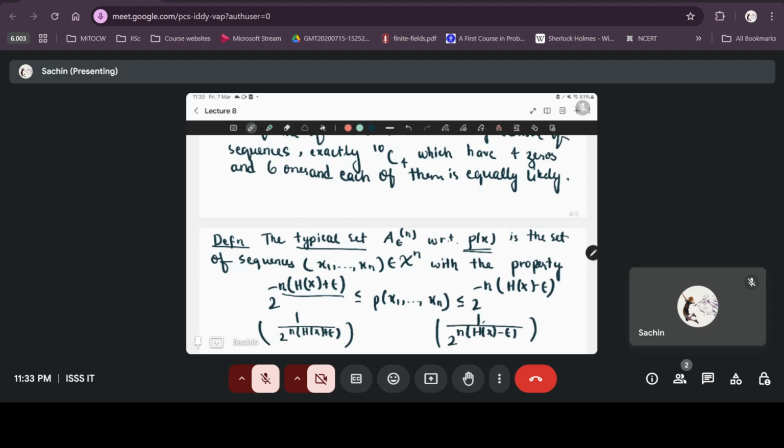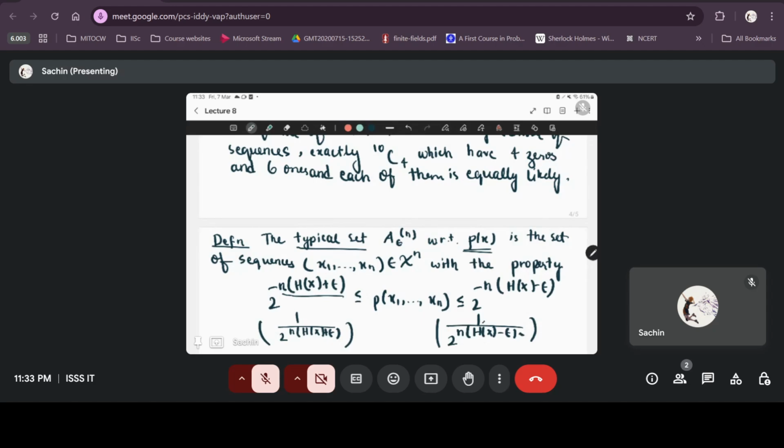So n of h of x plus epsilon is larger. So 2 power that quantity is also larger. So the reciprocal is a smaller number when compared to 1 over 2 power n of h of x minus epsilon, where you are subtracting epsilon from h of x here.